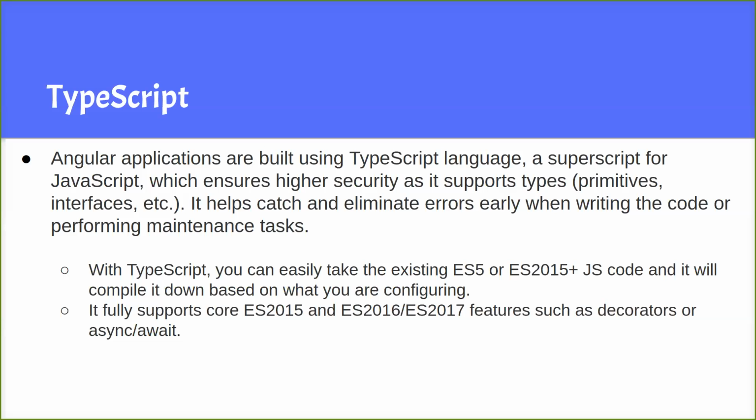TypeScript lies on top of JavaScript, and it has to be transpiled down to JavaScript. Your browser, or rather the engine that interprets the JavaScript code for you, doesn't understand TypeScript.